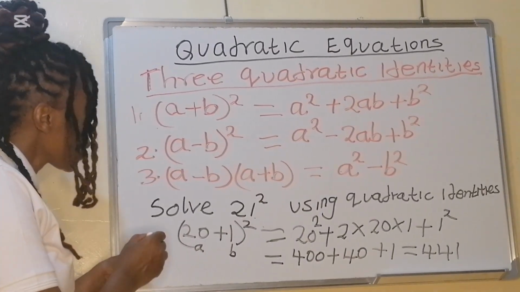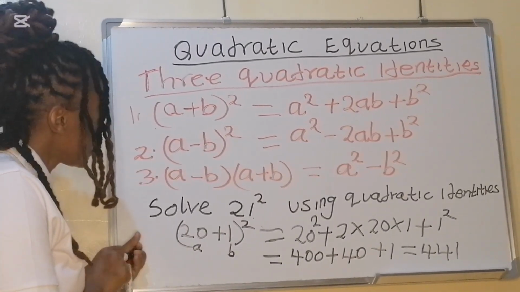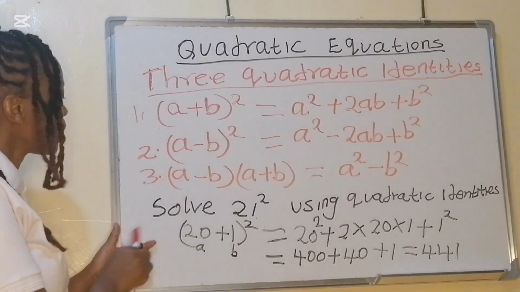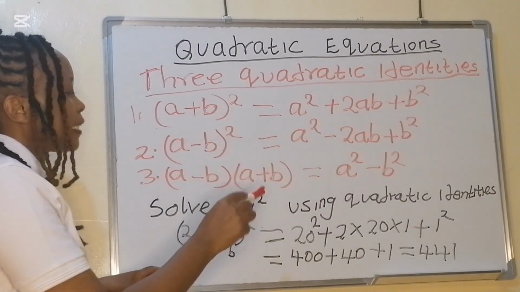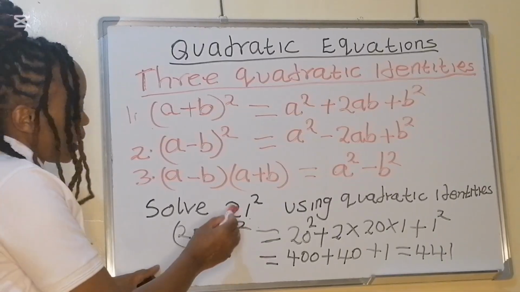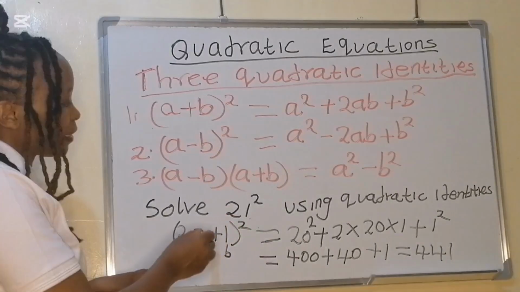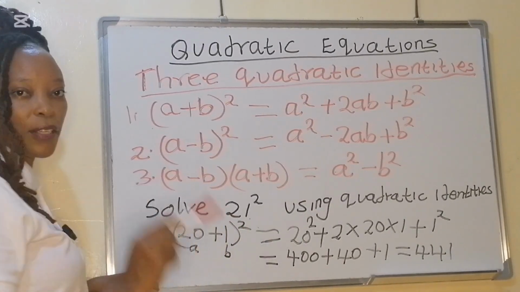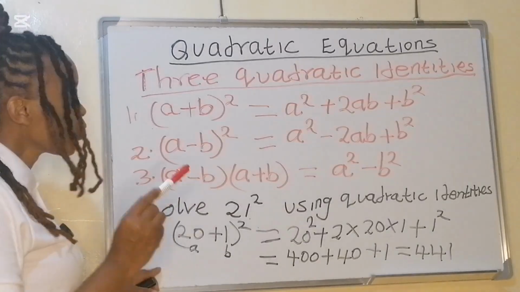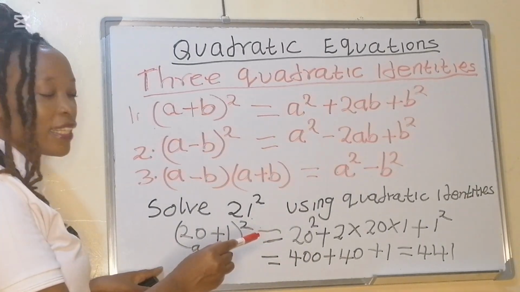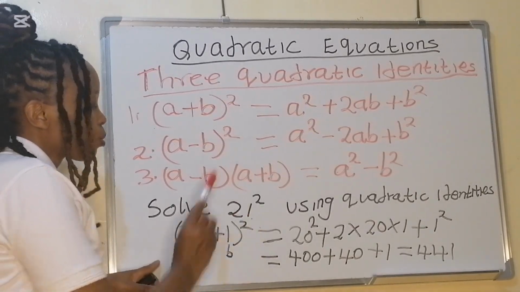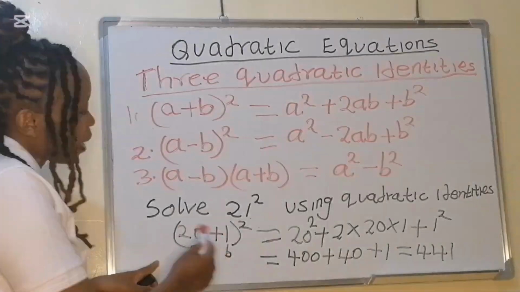We have used quadratic identity to solve 21 squared. Look here. Don't use a calculator. Use quadratic identities. Break this into 2 so that you can expand.